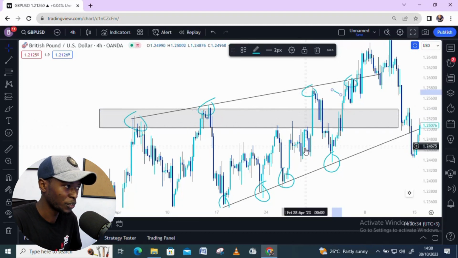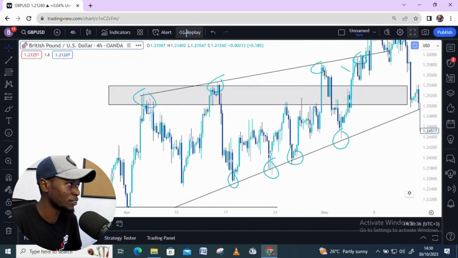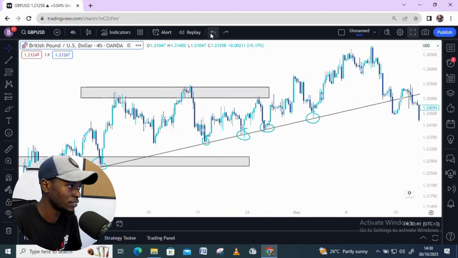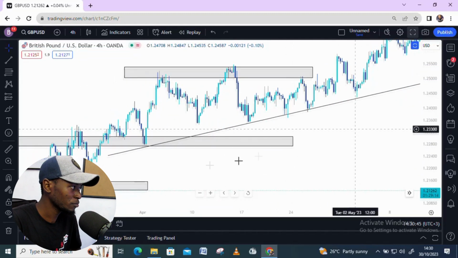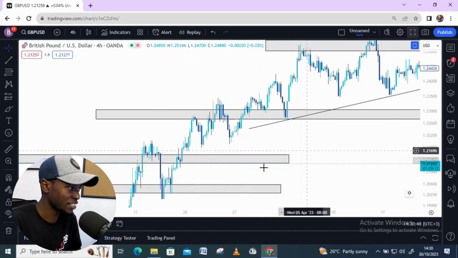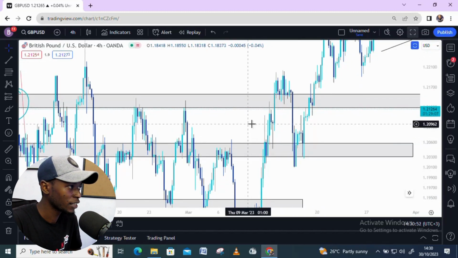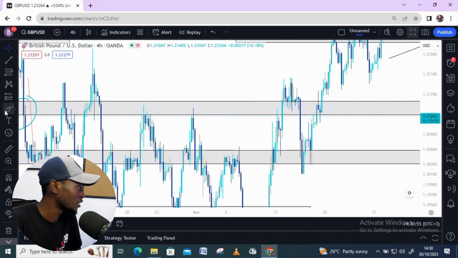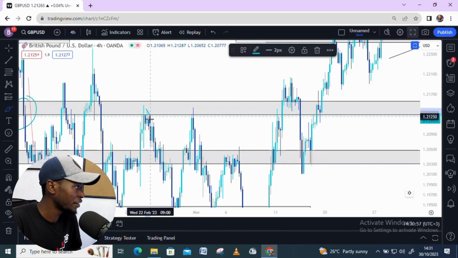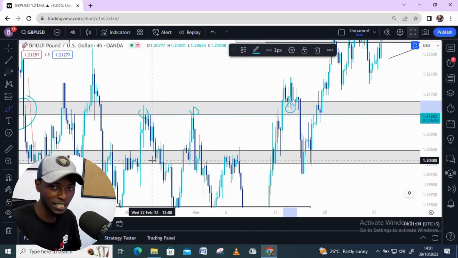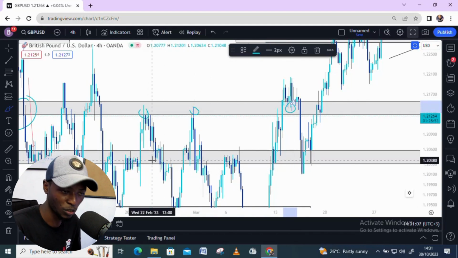So we can check for our already identified zones. Price bounces 1, 2, 3 times. So that is a strong resistance zone.